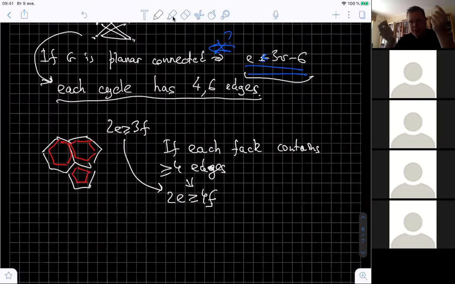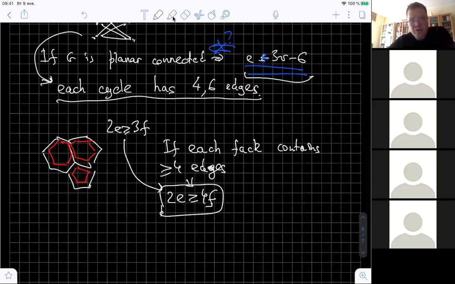Each face contains 4 or more edges, and so if I multiply edges by 2, it will be more than all the edges in each of the faces, and so I can have a more strict inequality. So do you understand? Or maybe I need to be more clear.